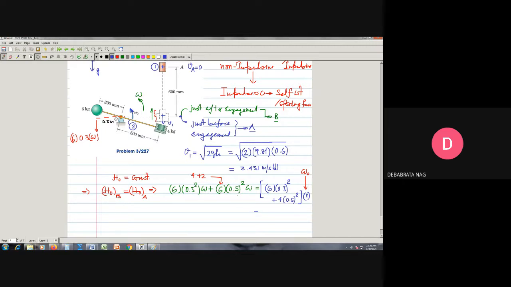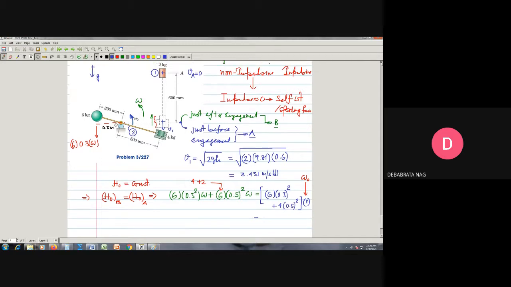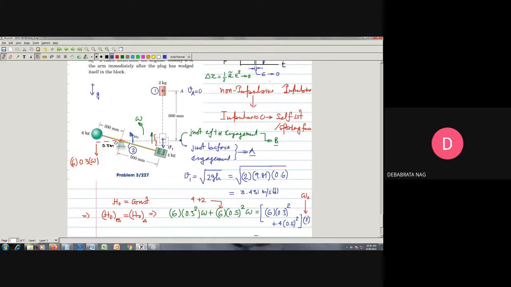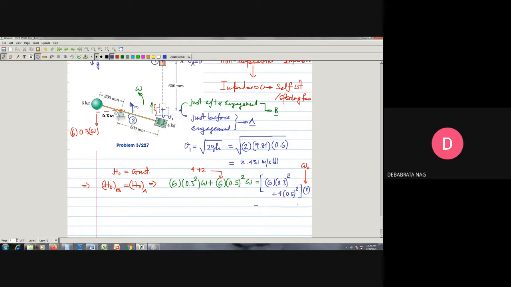So therefore it will be how much? This one is having 2 kg, so that mass was 2 kg. So it will be 2 into 3.431 is the velocity, into this distance, that means it is 0.5.